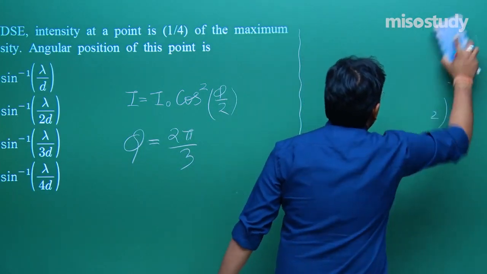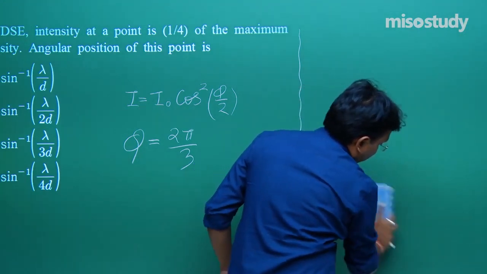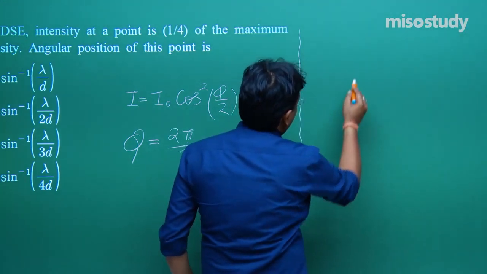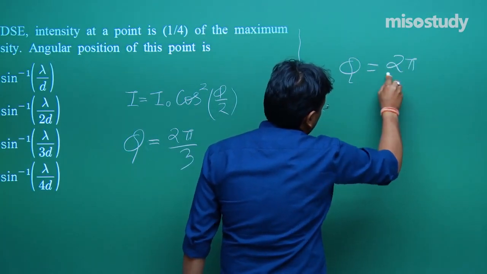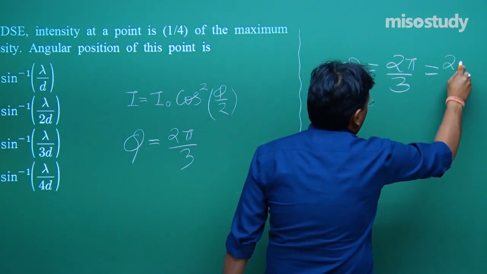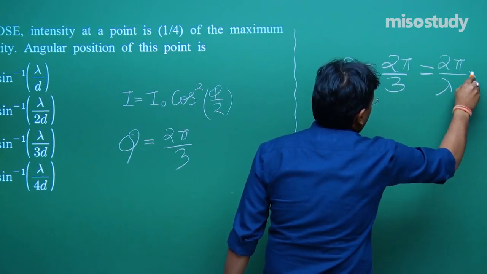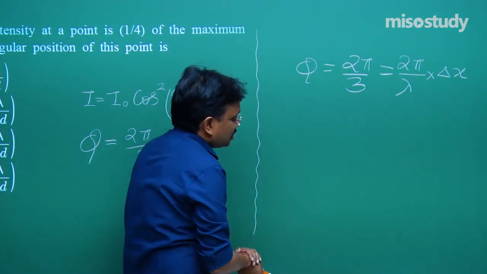Now, use the formula for phase difference and path difference, that is phi equal to 2 pi by 3 is equal to 2 pi upon lambda into delta x, the direct formula I mentioned.